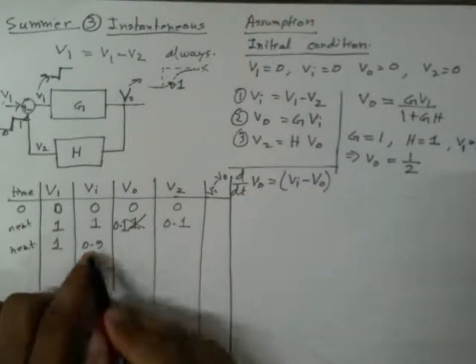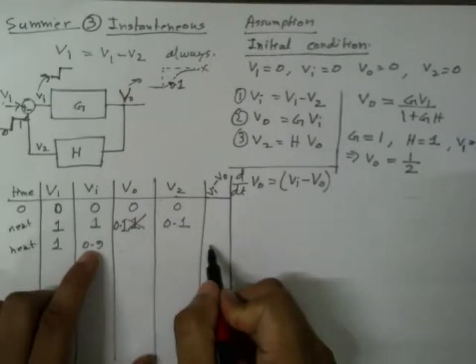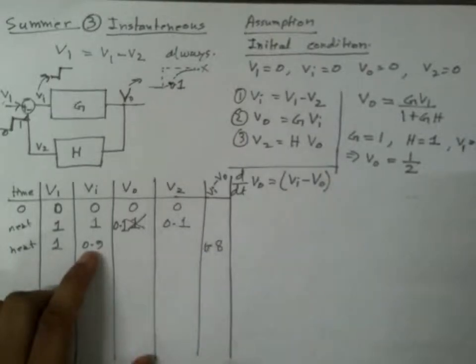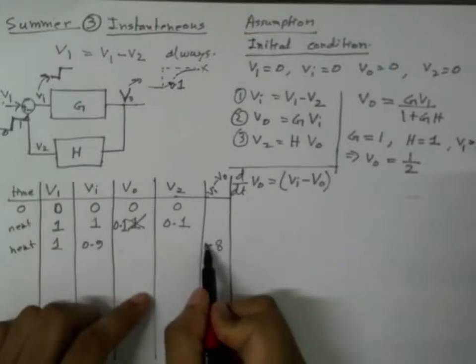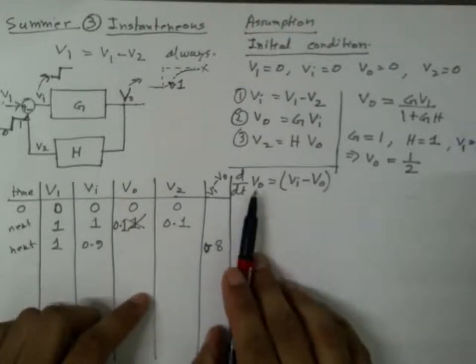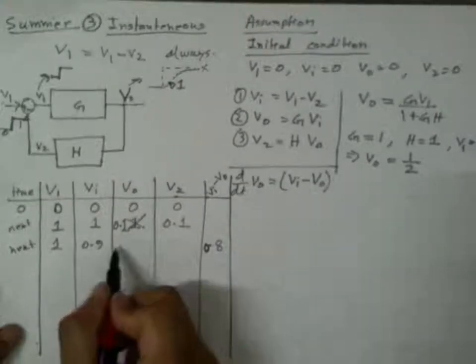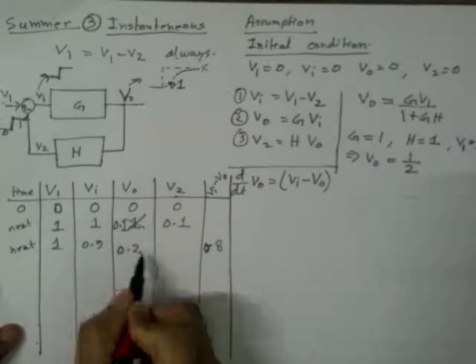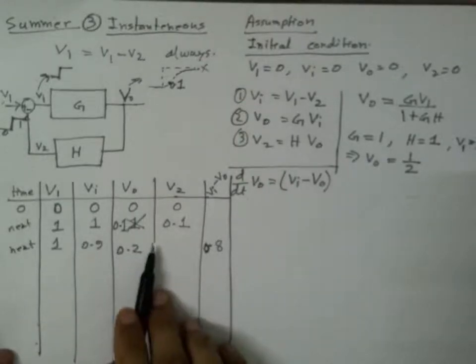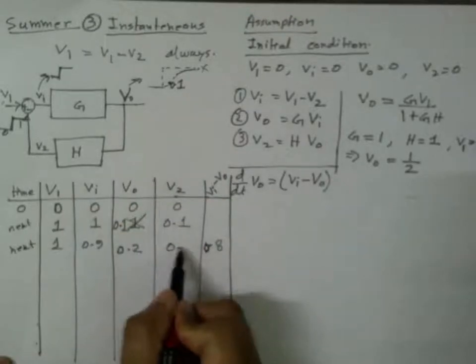So Vi is 0.9, VO is 0.1, so this will be 0.8. Now if this is 0.8, this is positive, that means output should increase. So output will increase and will go to say a new value after a while to 0.2. Now if this is 0.2, then V2 should again be 0.2.